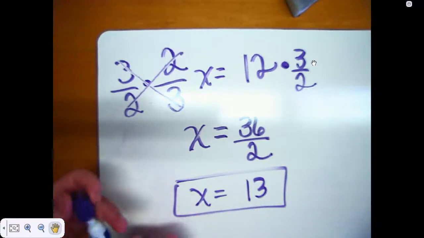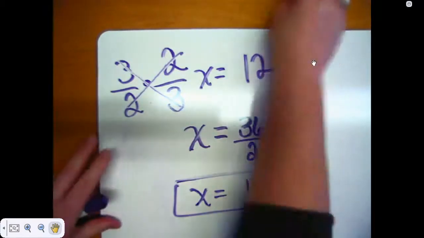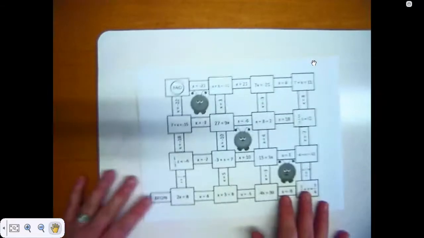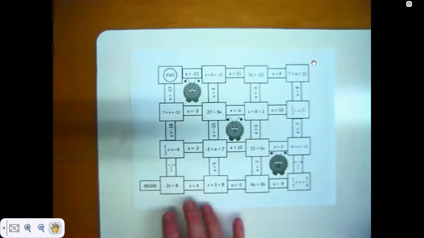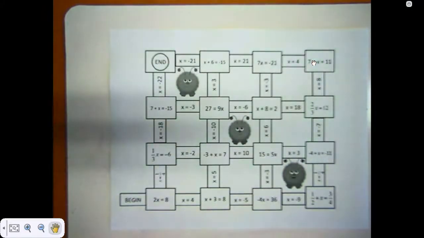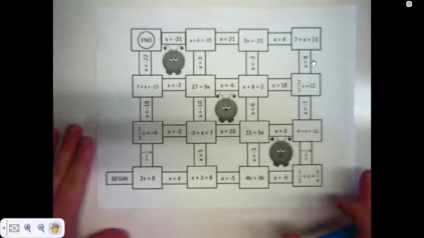Okay, let's go over this maze before I let you get started on your practice for today. This is not the same maze that you have. It looks like the maze you have, but it's a different one. So I wanted to just point out, and of course you'll be doing it through Cami, so you'll be drawing on it through Cami, but I printed this one off so I could show you how it works.